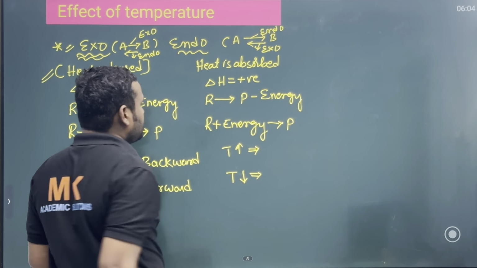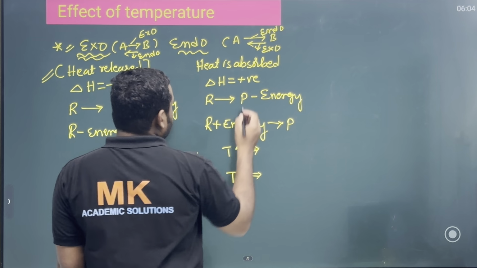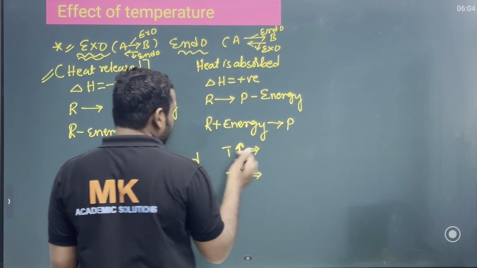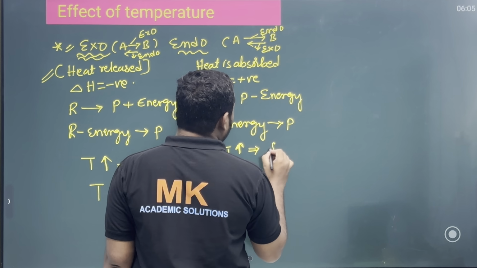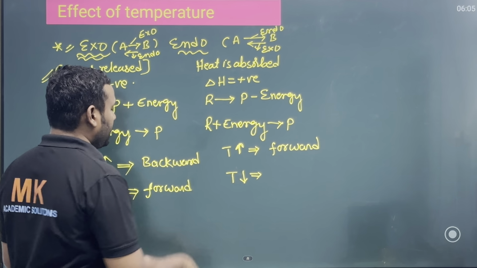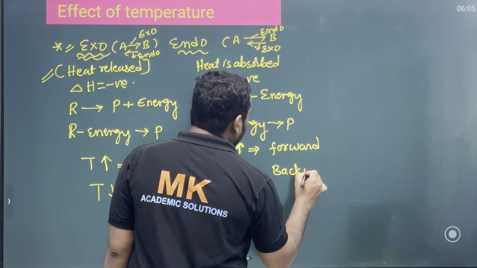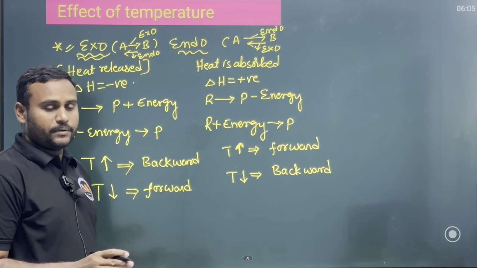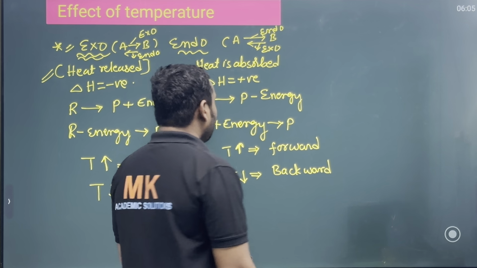So here forward is endothermic and backward is exothermic. So in endothermic reactions, if temperature increases, forward reaction is going to take place. If temperature is decreased, backward reaction. Here we only change the temperature, and we keep all the remaining things constant.